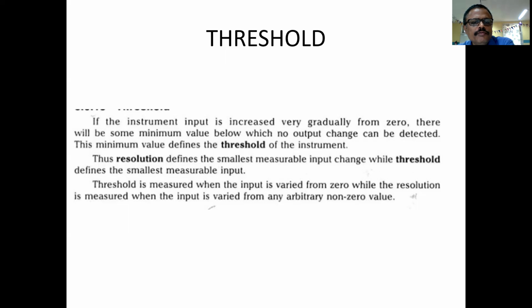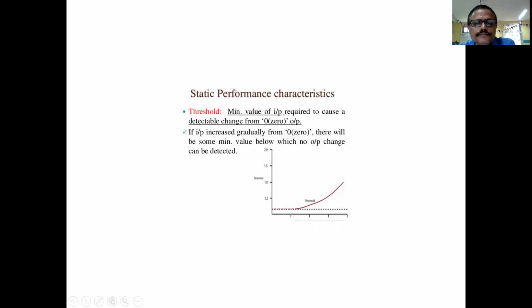This minimum value is called the threshold of the instrument, that you can see in this diagram. The input is increased and the dotted line shows that the output is remaining the same. From 0 to here, we are increasing the input, but the output is remaining the same.